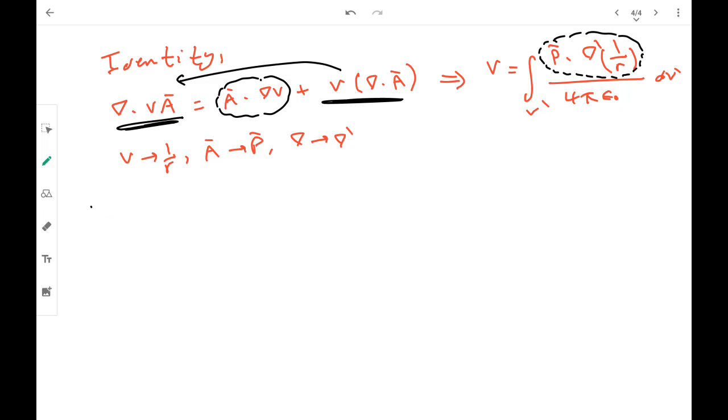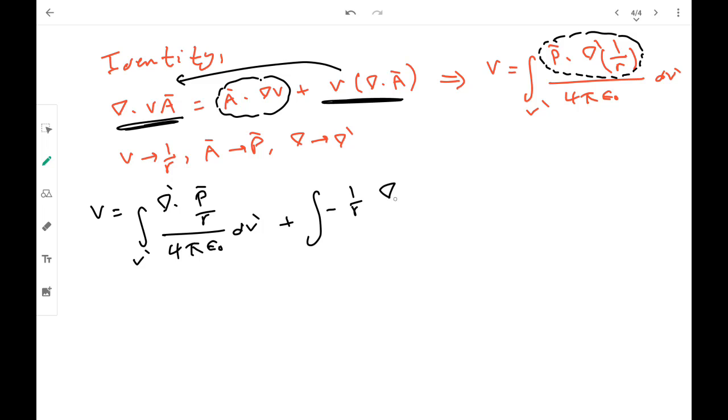We will have the following relation: V equal divergence of P over R over 4 by epsilon naught dV dash integration over V dash minus V, which is 1 over R multiplied by divergence of P over 4 by epsilon naught dV dash integration over V dash.